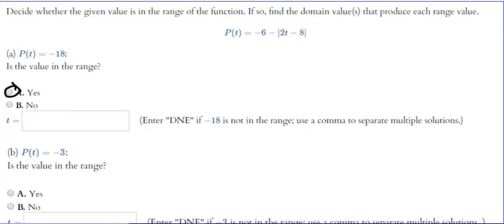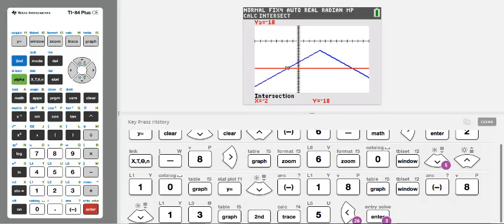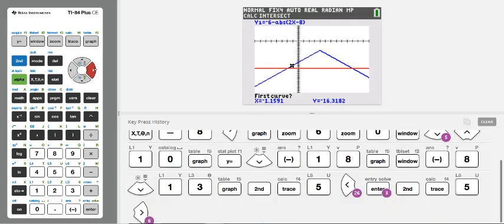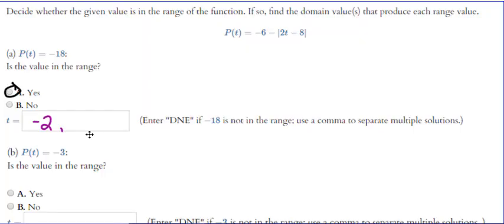So one of my x's is -2, comma, and then let me hit second trace 5 again and move it over to the other side. There you go. And that's at 10. So we know that it is at -2 and 10.